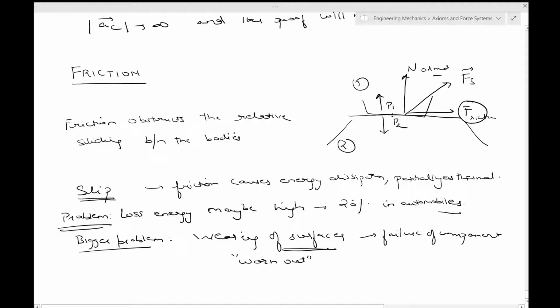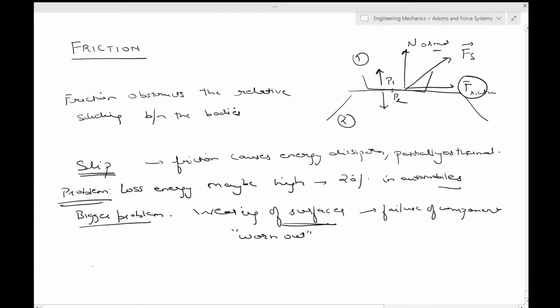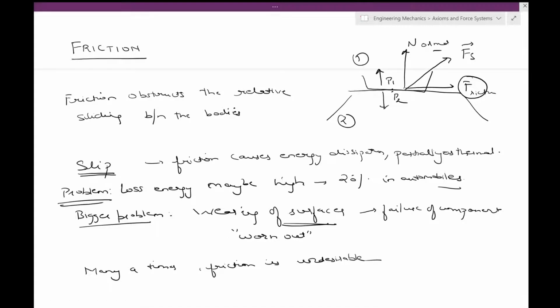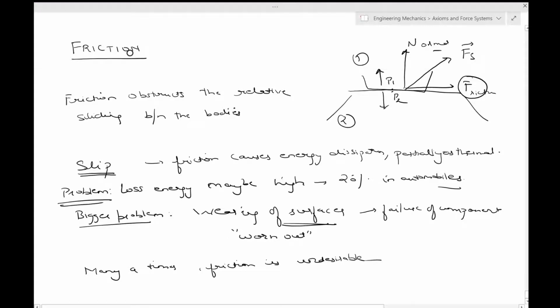But it's not always useful. Sometimes friction is required. So let's call it this way: many a times friction is undesirable. So you should look up each of these examples which I am writing over here.